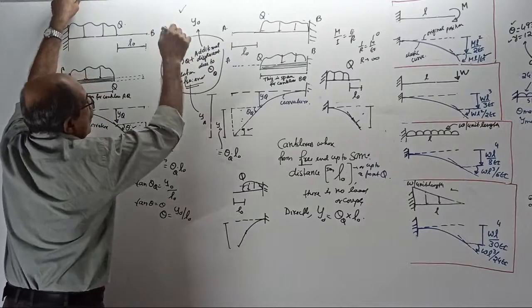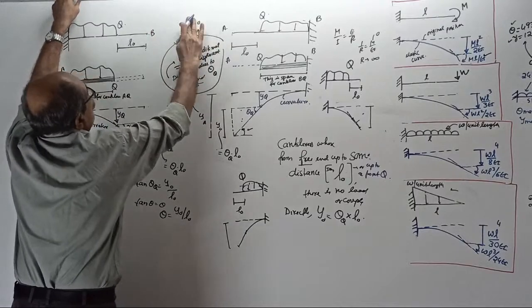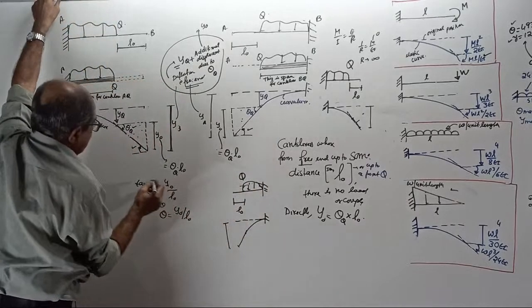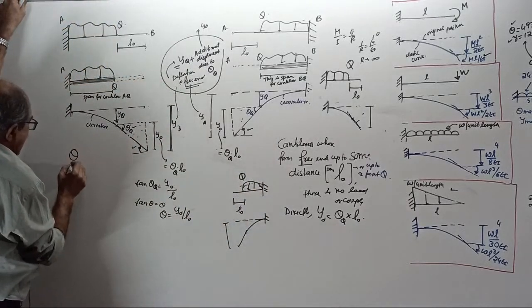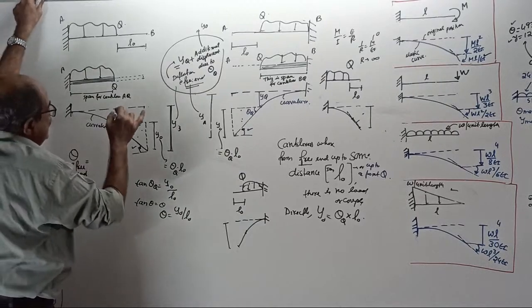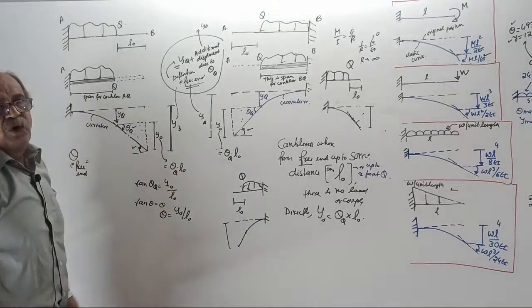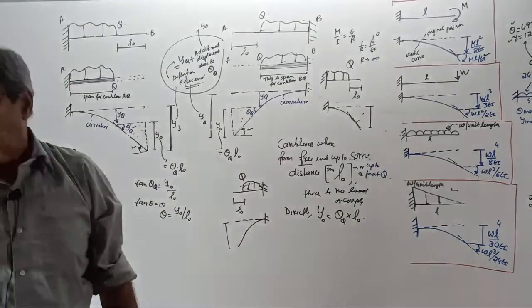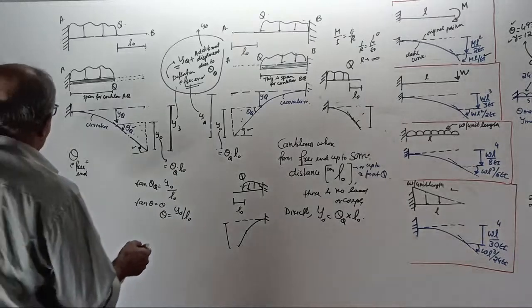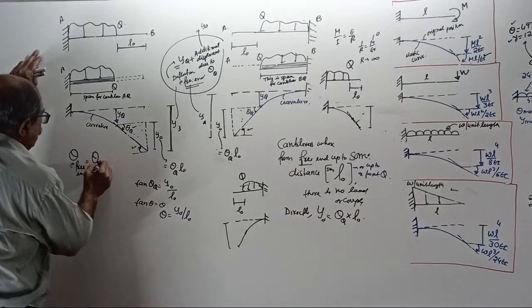Tell me lastly, this is y naught. What is theta at the free end? First answer. This is a straight line, and for a straight line, slope will remain constant. Theta at the free end equals theta at Q only.